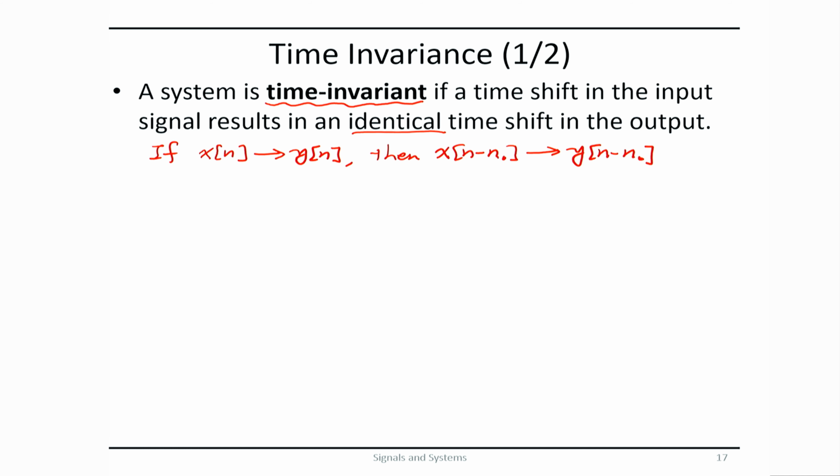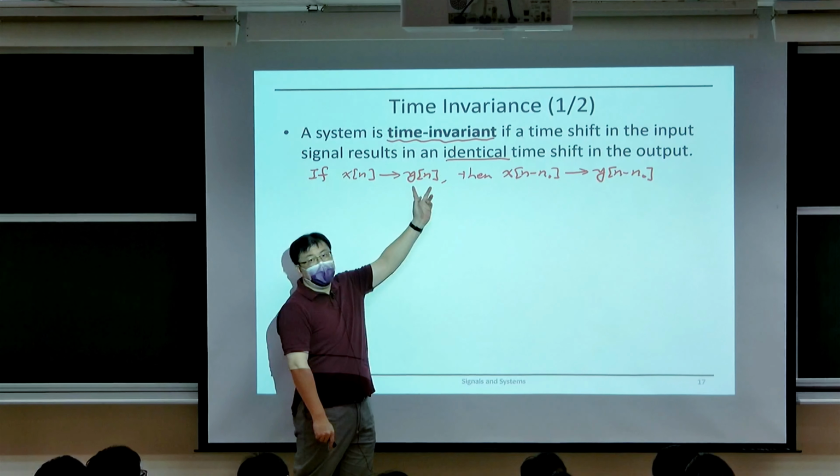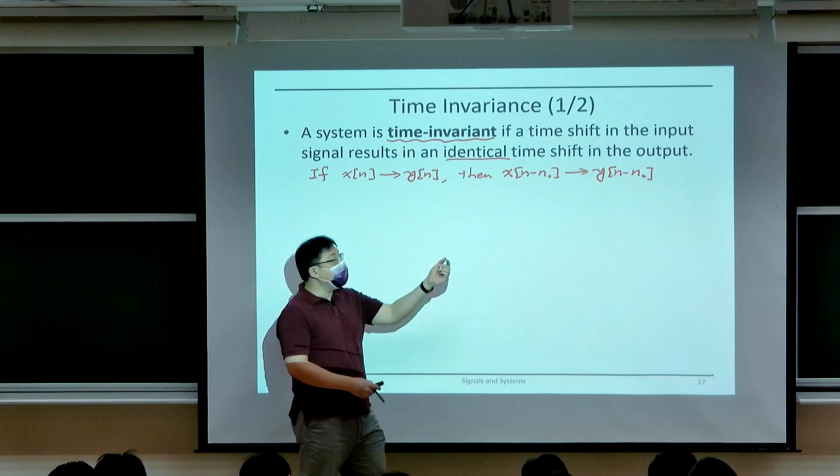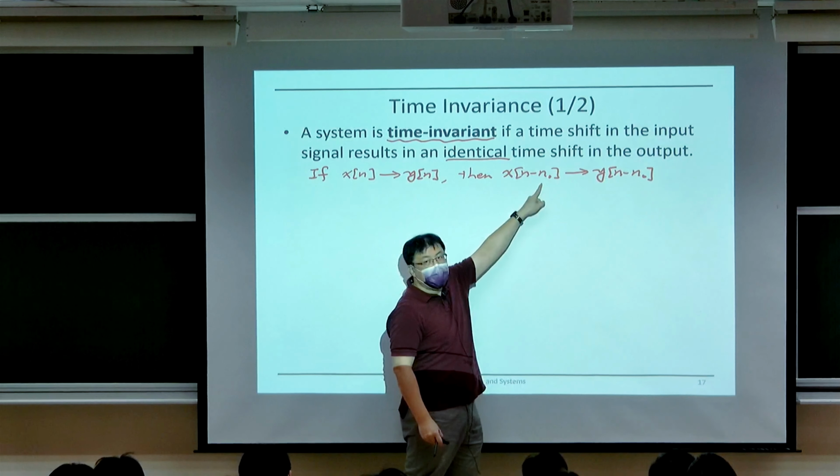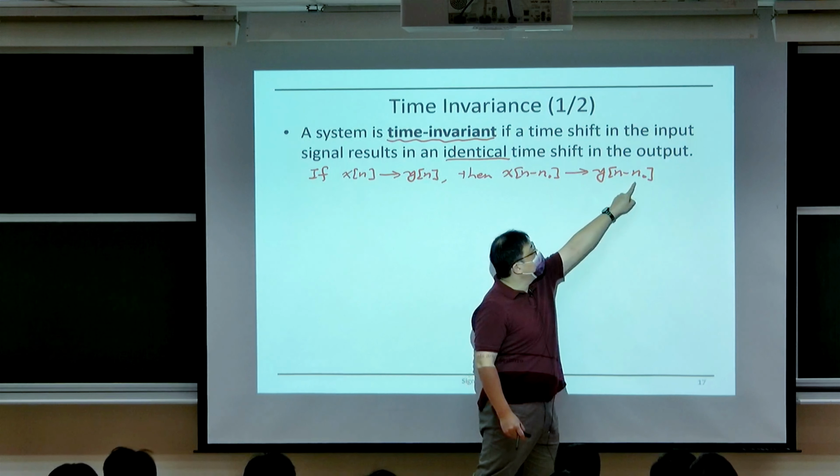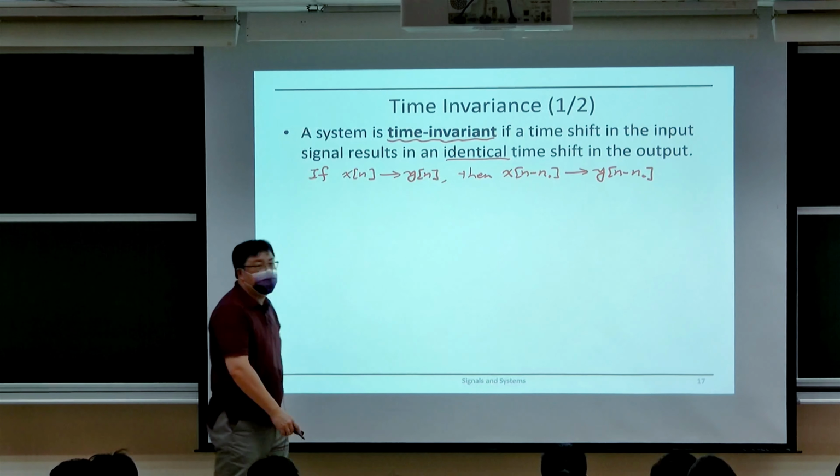So if x[n] produces the output y[n], then if you delay the input by n naught, the corresponding output will also be delayed by n naught.